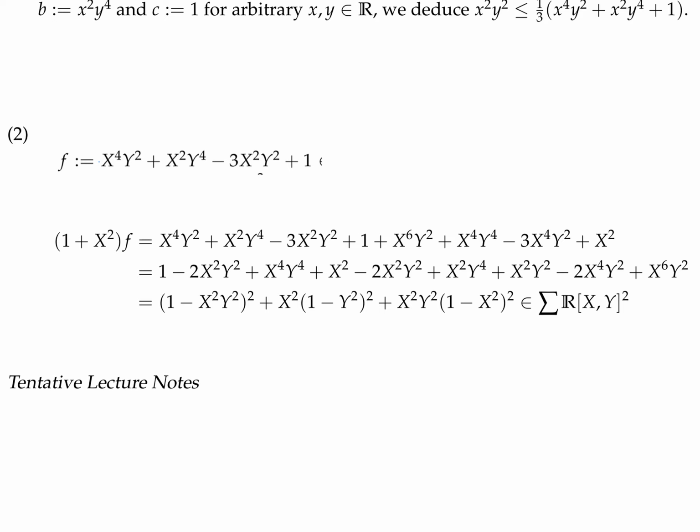So I first take all these terms here and copy them. And then I multiply each of these terms with x squared, and so I get exactly these terms here.